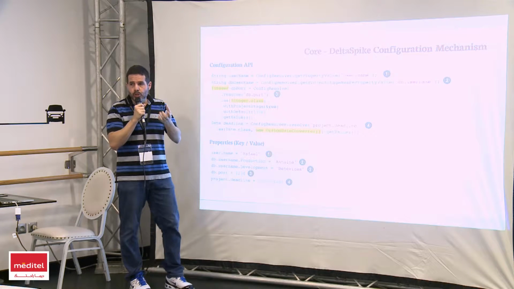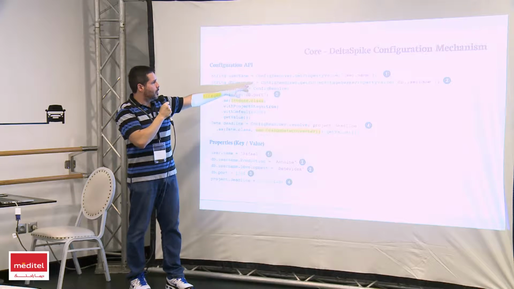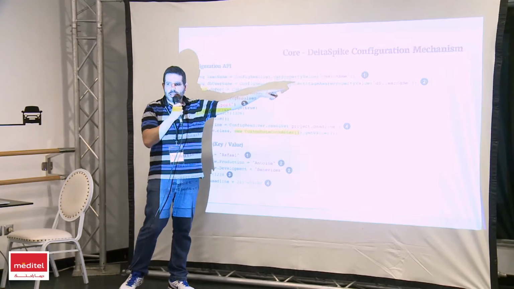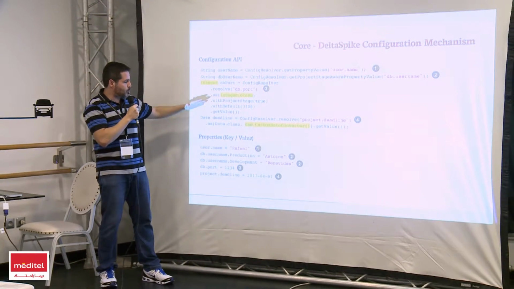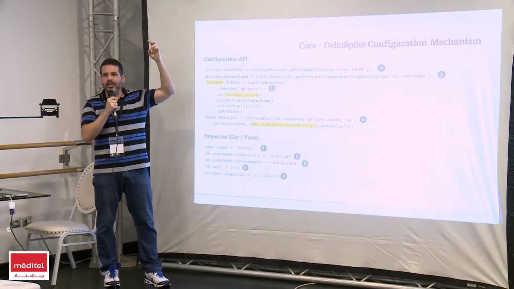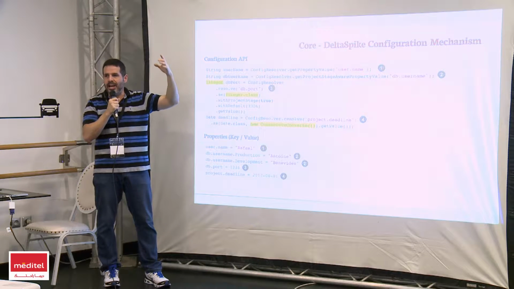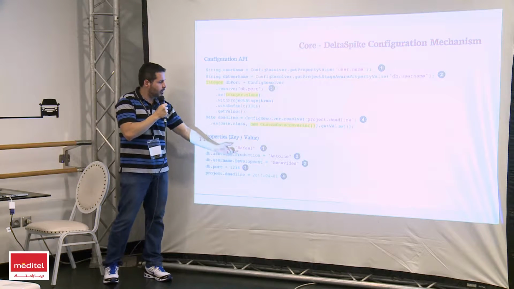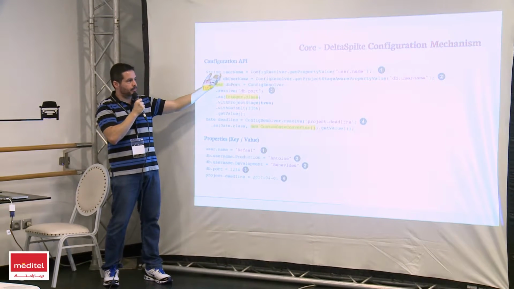You can use a DeltaSpike class called ConfigResolver, getPropertyValue username, and DeltaSpike will look for username in the properties file, in the environment variables, in the JNDI value, in the system property. If it finds it, you will have the value placed here.